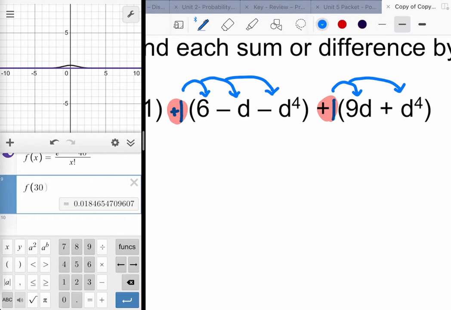So this would distribute to 6 minus d to the 4th plus 9d plus d to the 4th. All right? So that's the justification for why you could just drop the parentheses when you're adding two expressions.